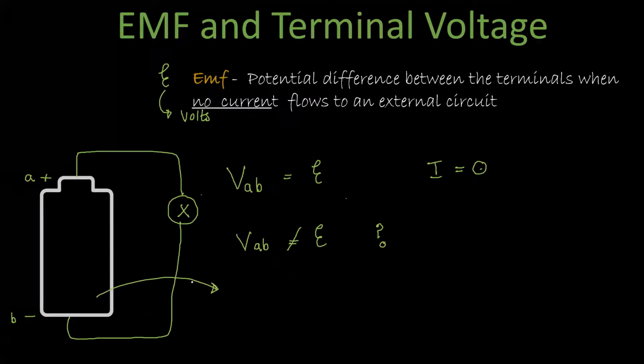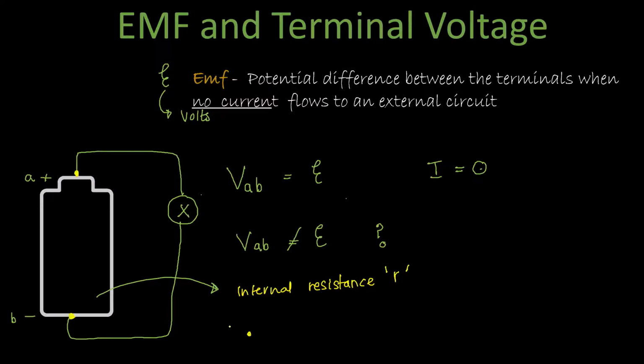In other words, batteries or chemical cells are not ideal. They too have some resistance inside them, which we call the internal resistance, symbolized by the simple r.